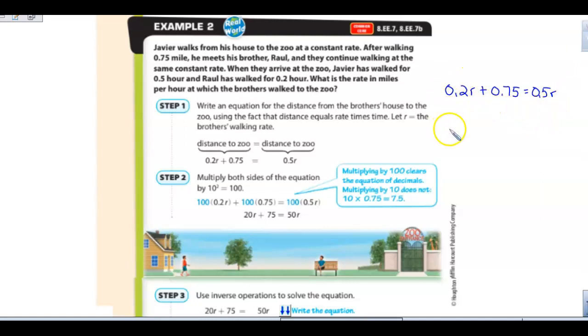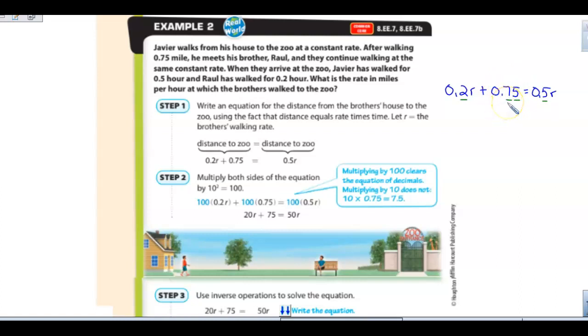So here we're going to get rid of the decimals, and we see that this one has one place past the decimal, this one has 2 places past the decimal, and this one has 1. Because this one is 75 hundredths, with 2 digits past the decimal, to get rid of this decimal we would have to multiply it by 100.